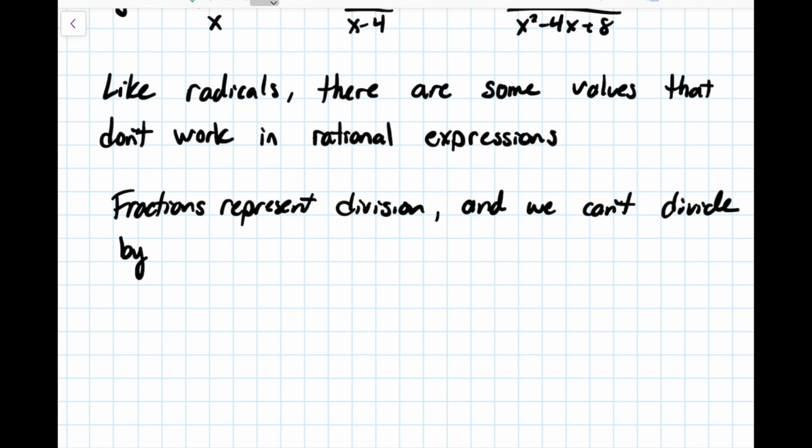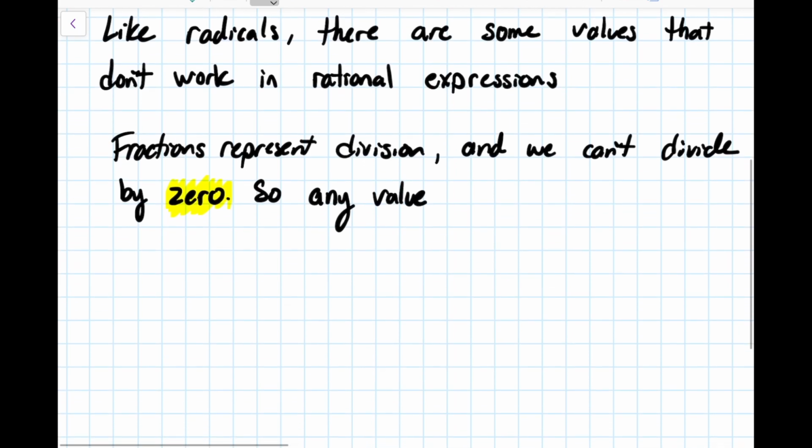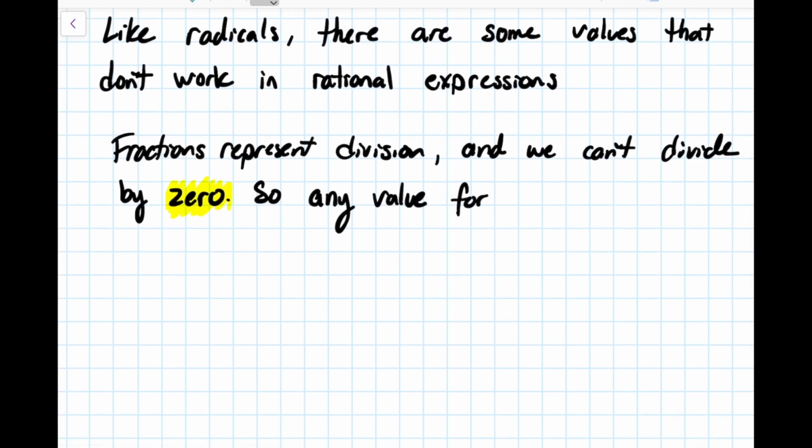And so that number is really going to be the key to all of our restrictions when it comes to these rational equations, expressions, and whatnot. Any value for our variable, or variables if we have more than one, that would make the denominator be 0 is not okay. And that's what we're going to have to look for every time we do one of these questions.